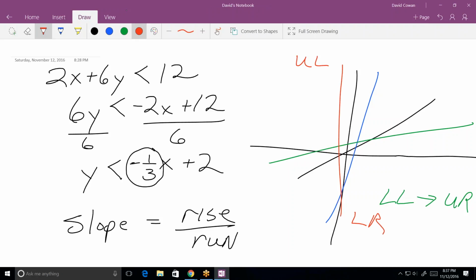In other words, I go down, but I go to the right. That's negative. How about this slope? Horizontal line. That's 0. Horizontal lines are kind of unique, and vertical lines.